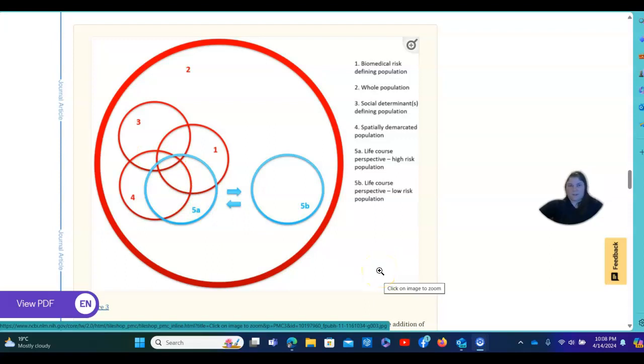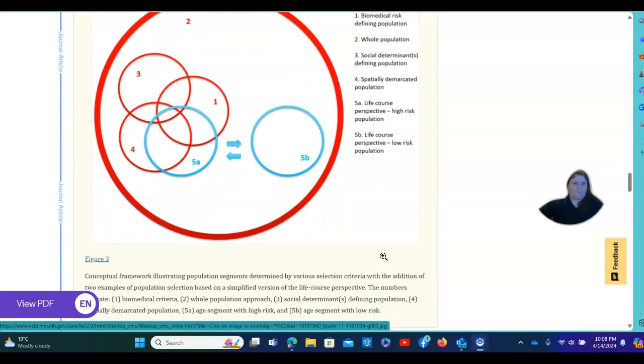So it's not necessarily just one thing that you're going to focus on. There could be a lot of factors that can help you narrow down who your target audience is or your target population is for your health education curriculum. And again, you think about this from some of these different perspectives, but also in tandem with your needs assessment, which is going to identify what some of these issues are.